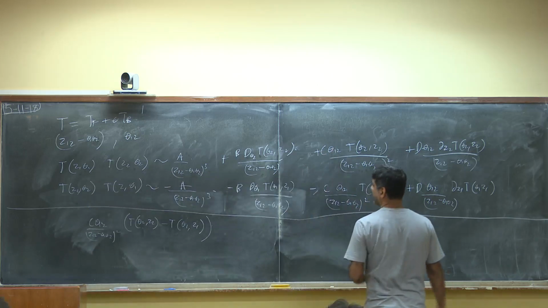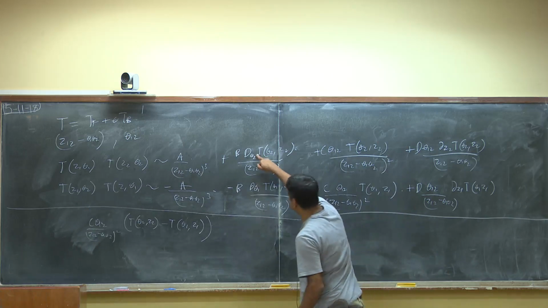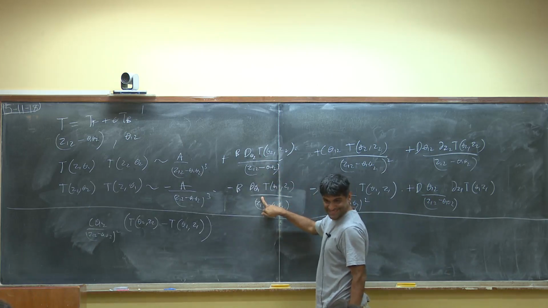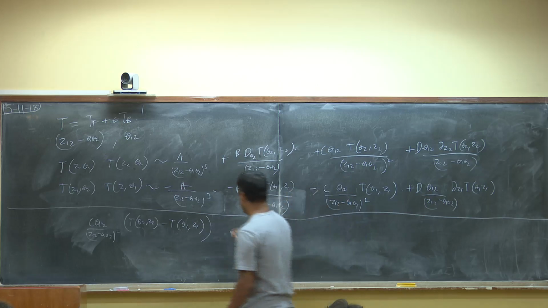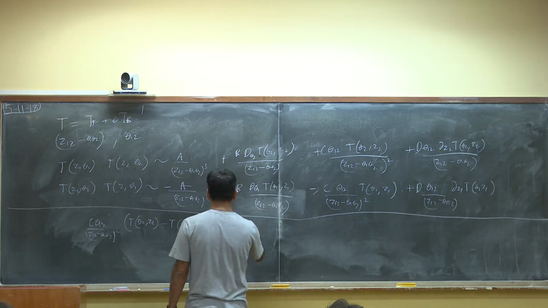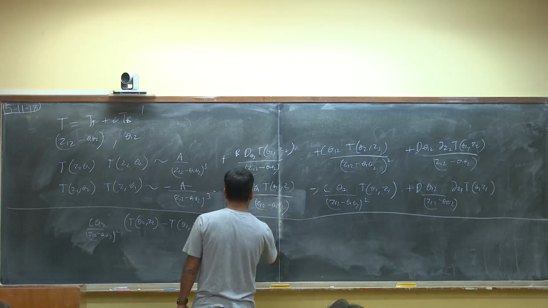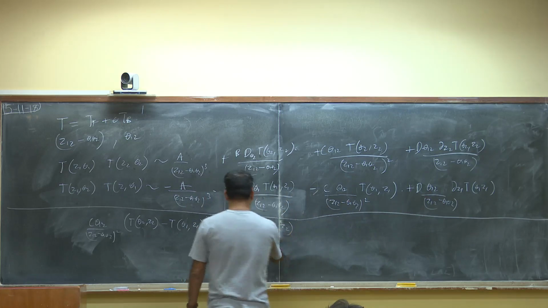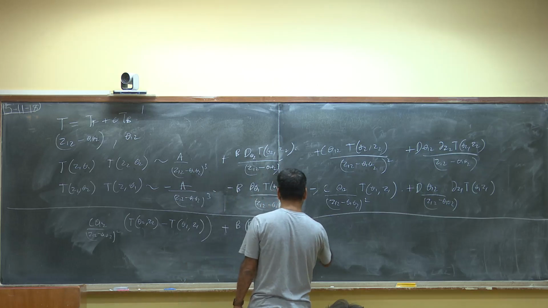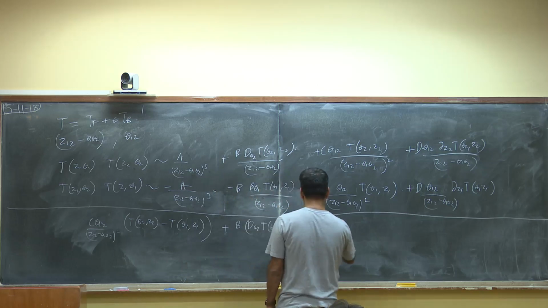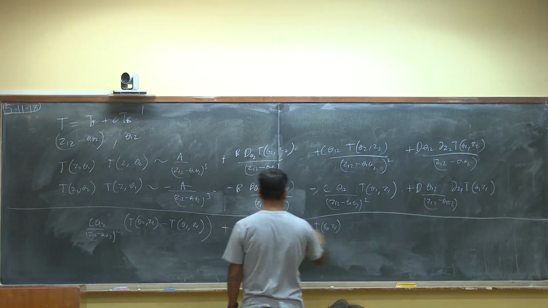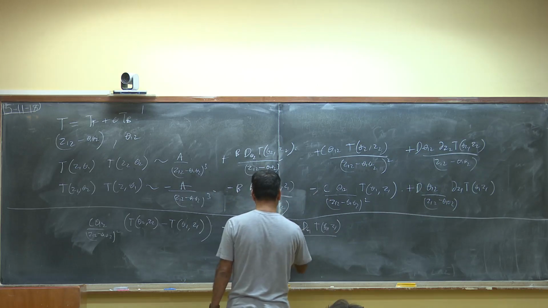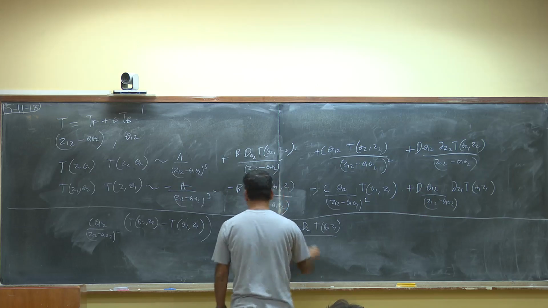So there's this guy. There's also this guy, which is something similar. B of d theta 2 t of theta 2 z2 minus d of theta 1 t of theta 1 z1 by z1 2 minus theta 1 theta 2.